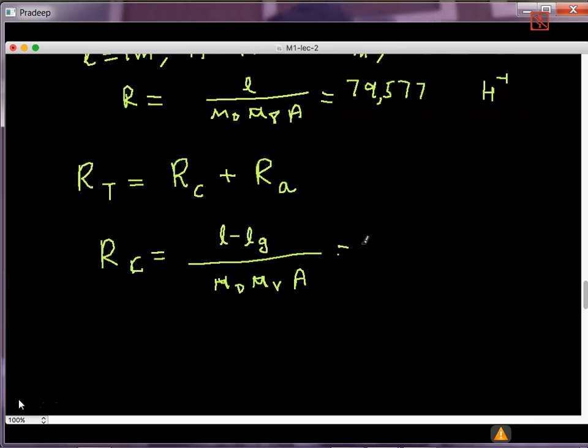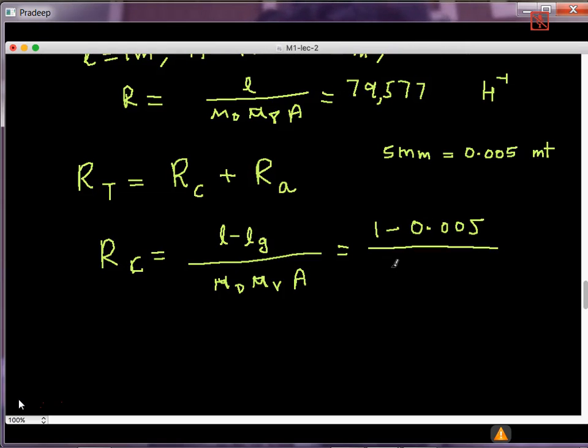So what is the length? 1 meter minus 0.005, since 5 mm is equal to 0.005 meters. I'm just reducing the length and then dividing by the same denominator, mu naught mu r into A.